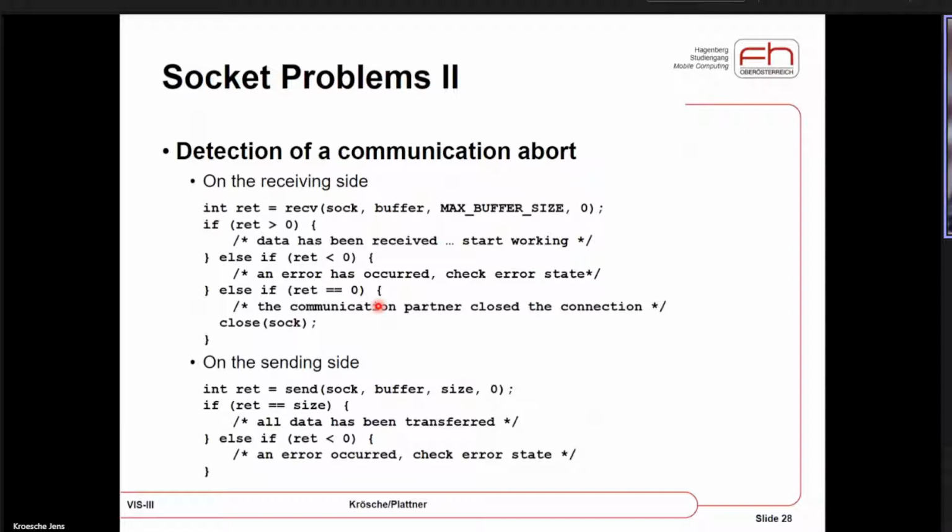Detecting a communication abort, this is something I told you at least a dozen times in this lecture alone. If there is a return value, you have to check it, and if something goes wrong and it's severe, you don't need to continue. Even last week in the exercise, I was asked by quite a lot of people having problems with their socket communication.